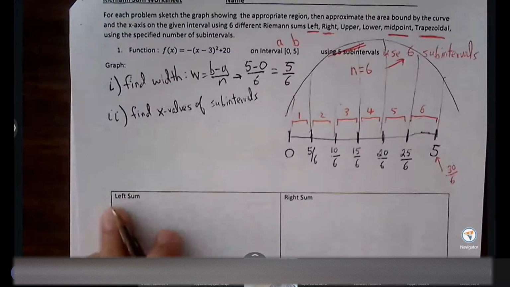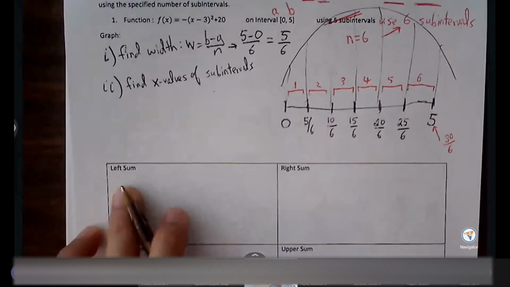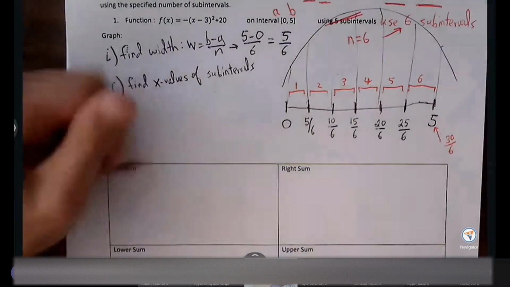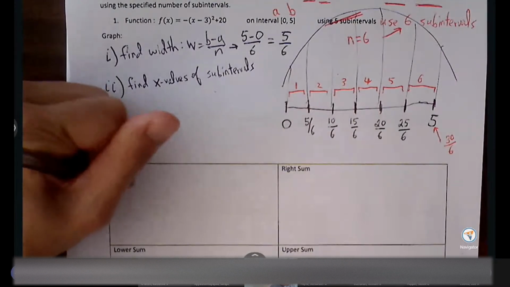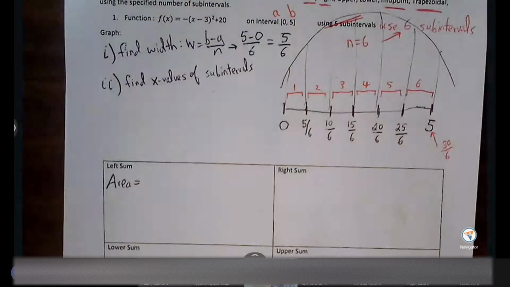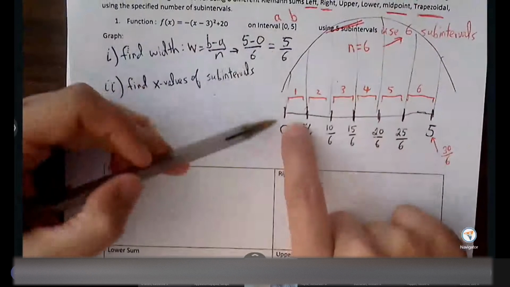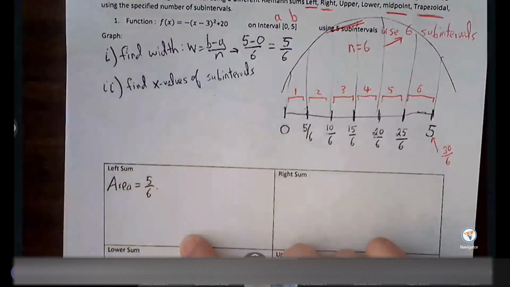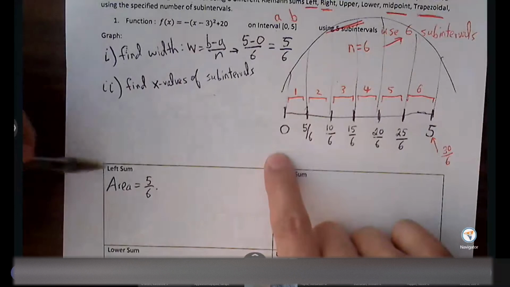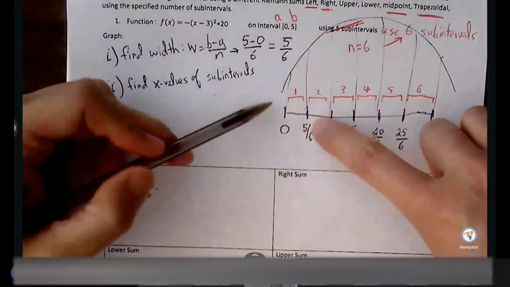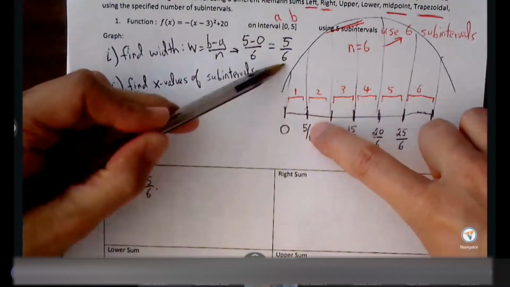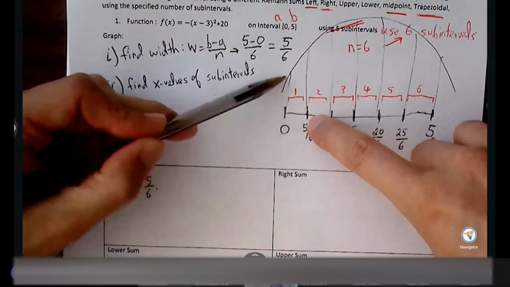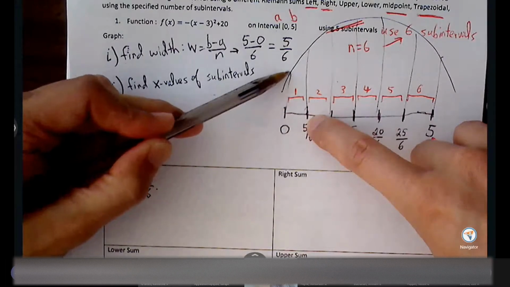Okay, so for left sum, we're going to be finding the width and height of each rectangle and adding them up. So area. We know that the width of our rectangle is 5/6. And now the height that we need is going to have to come from the left endpoint. So we're choosing between f of 0 and f of 5/6, but f of 0 is representing the left height of our rectangle.